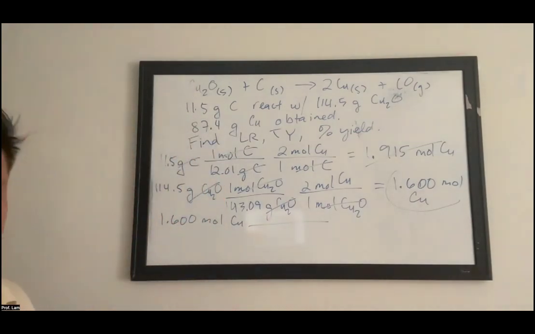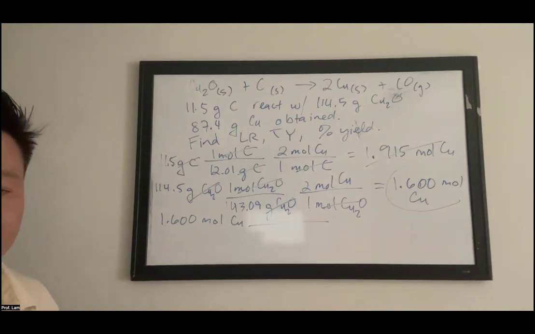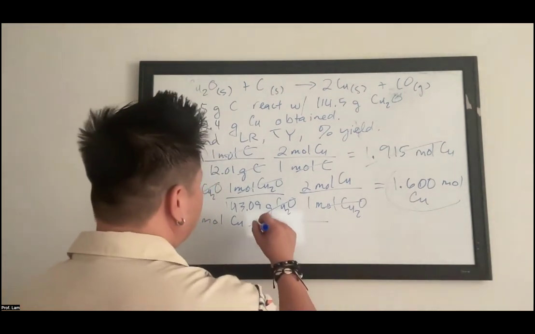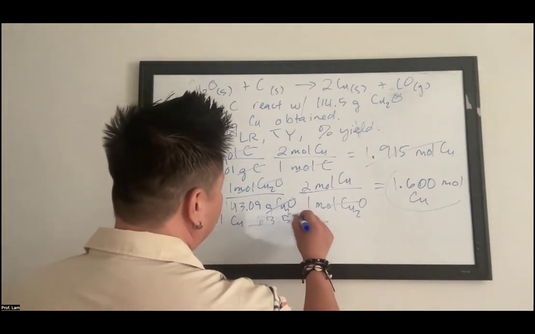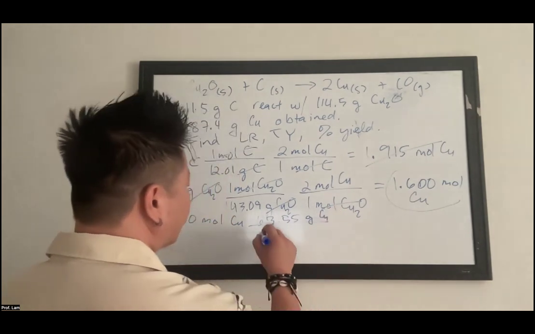So molar mass of copper is 63.55 grams, right? And that goes on top.